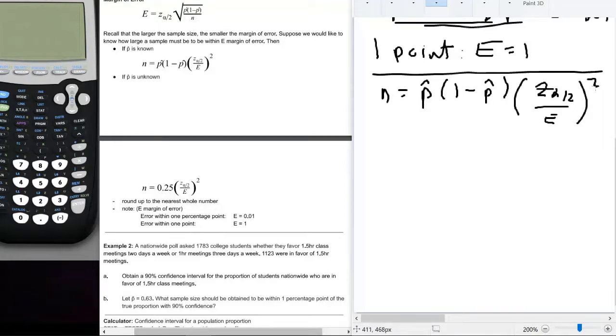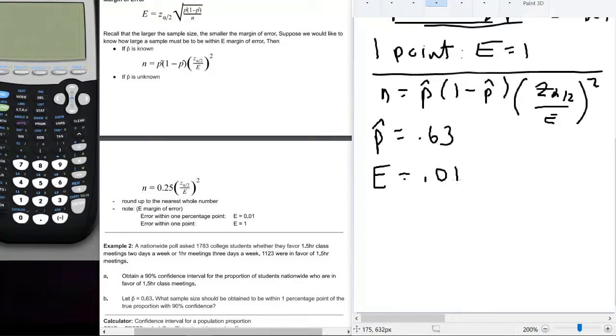P hat was given as 0.63, so we can plug into the pieces here. E, we need to be within 1 percentage point, so let's call that 0.01.